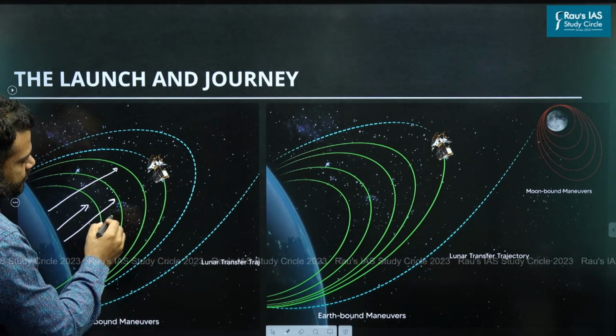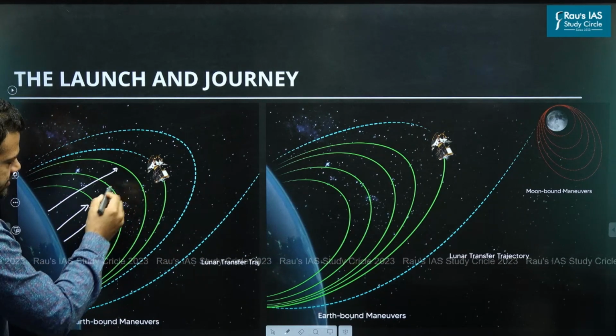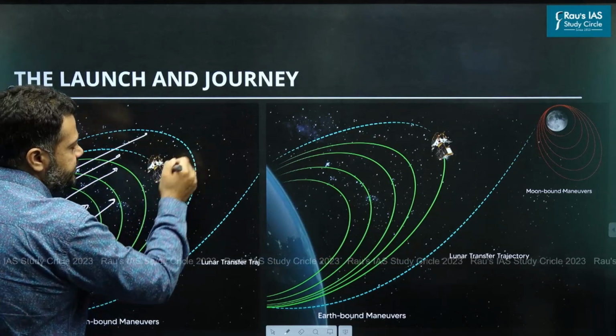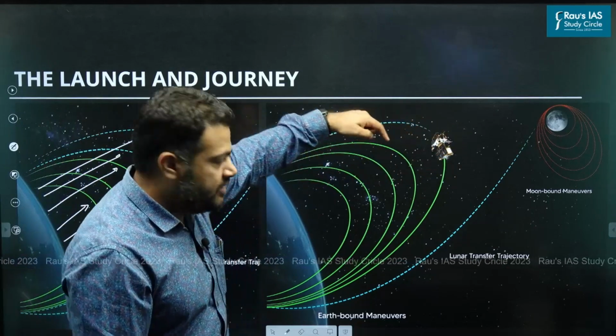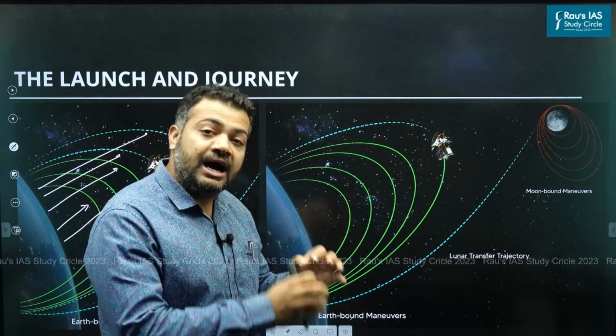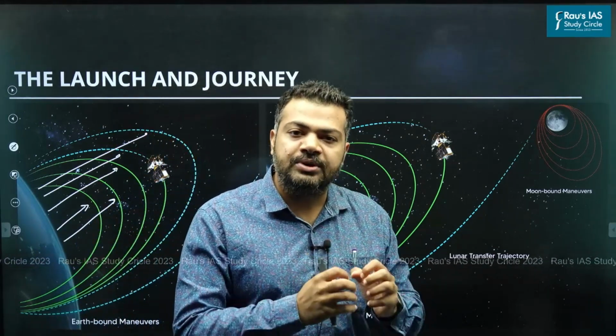It was done 5 times. So 5 times the orbit of Chandrayaan-3 was raised, and after raising it the 5th time, it reached a certain altitude from where, when it started falling back toward the Earth, it achieved a speed high enough that even the Earth's gravity cannot keep it within itself.